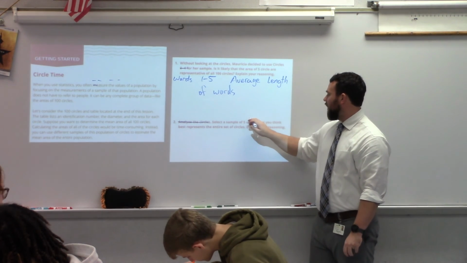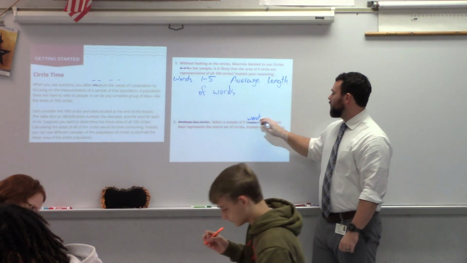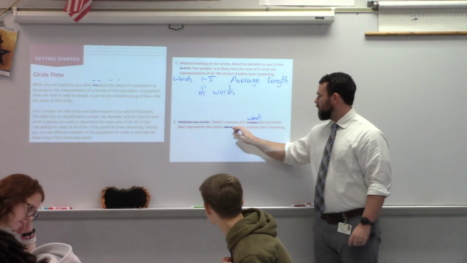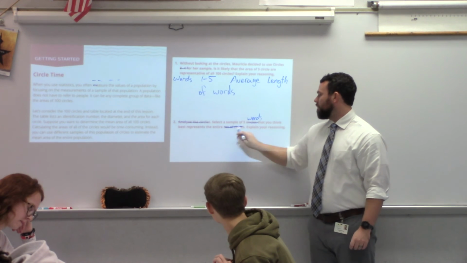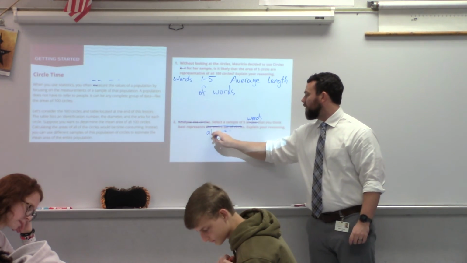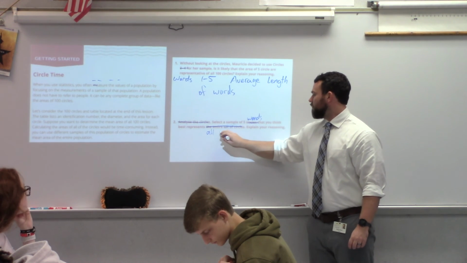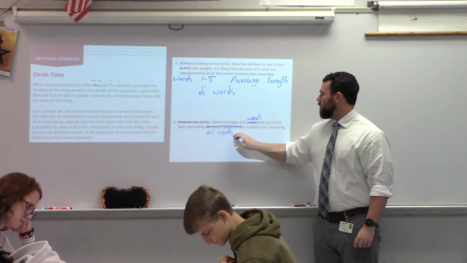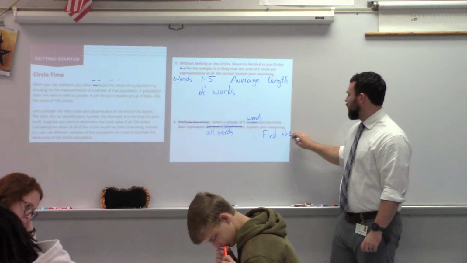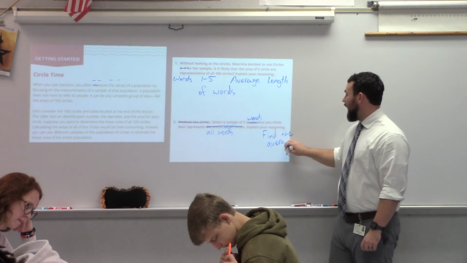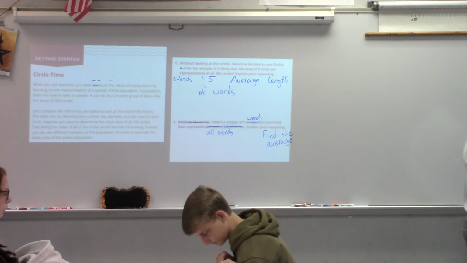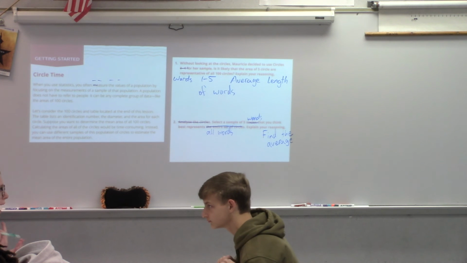Select a sample of 5 words you think best represents all words. We want a representative sample. And find the average. So go ahead and complete 1 and 2. You don't have to have the same as others in your group, but I do want you to work with each other if anyone has a question.